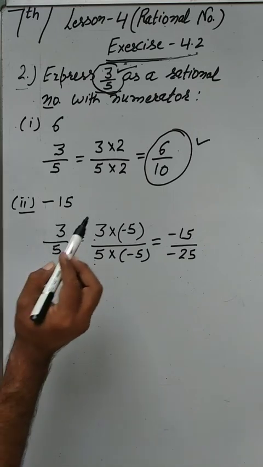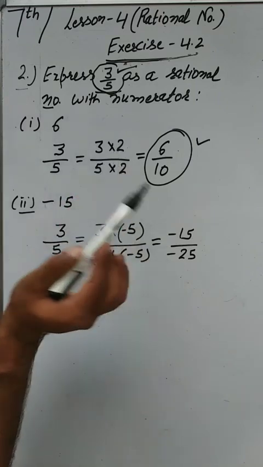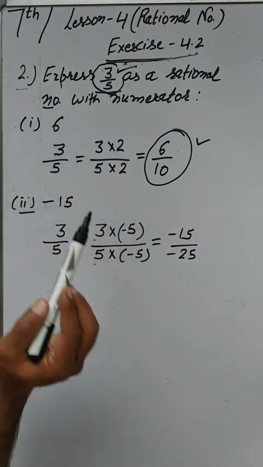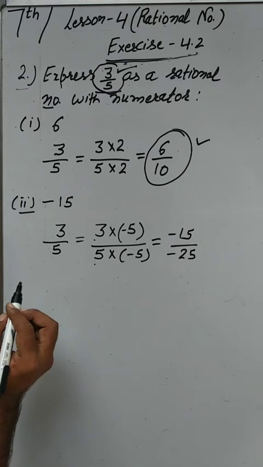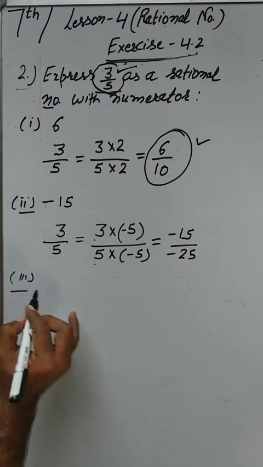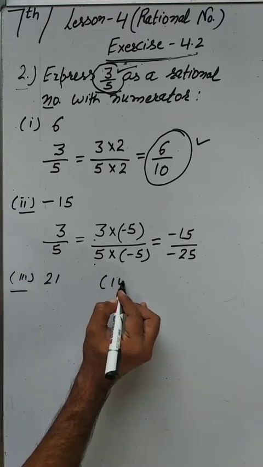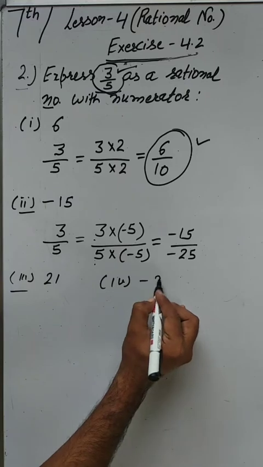Understood? Keep in mind one step: with whatever number you are multiplying the numerator, with the same number you have to multiply the denominator also. Clear? Now try the other parts by yourself. Beta, the third part of the second question is 21 and the fourth part is minus 27.